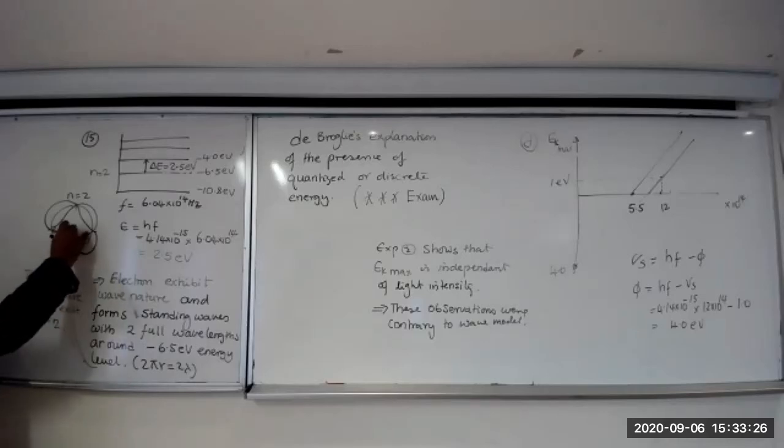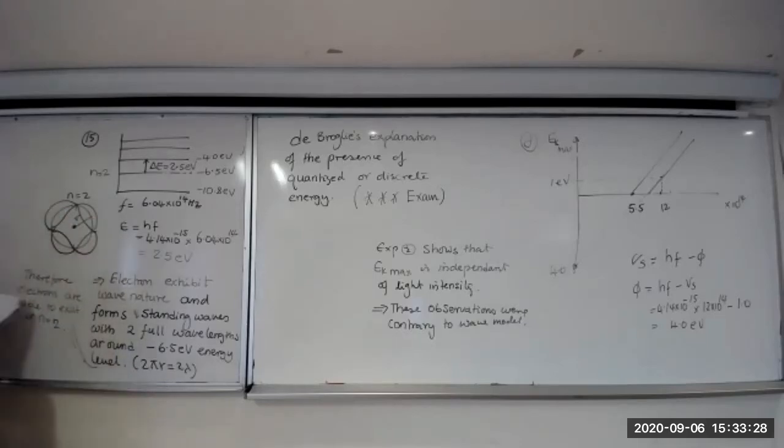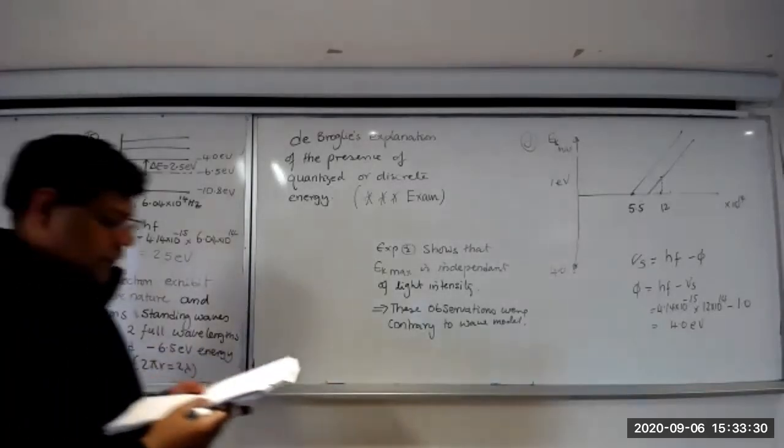N equals 2, that circumference is sufficient to fit whole wavelengths.